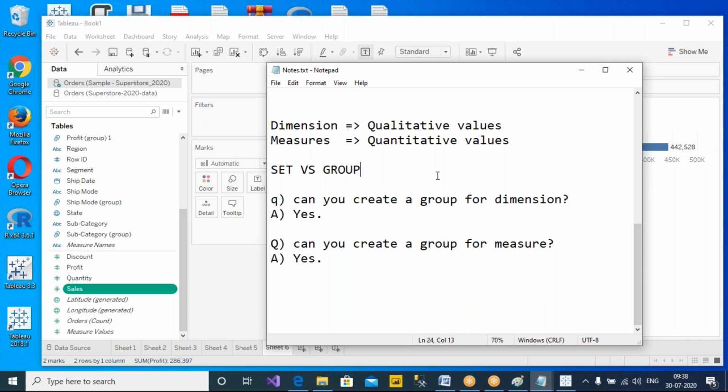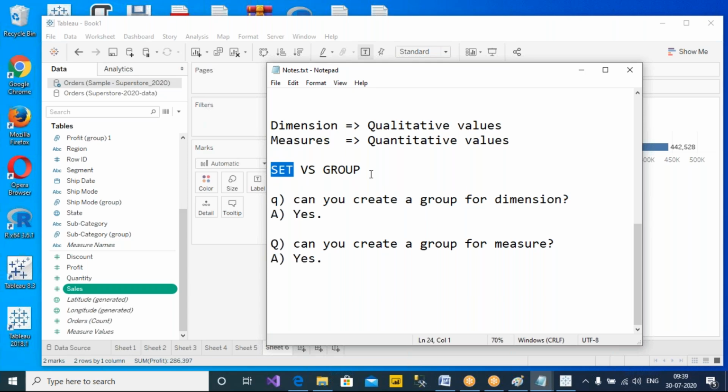Sets are used for comparison purposes, and groups are mainly used for identifying what my values are when I combine these many things in those groups. So it is used to display the values when you combine them. But sets can be used more for comparison purposes.